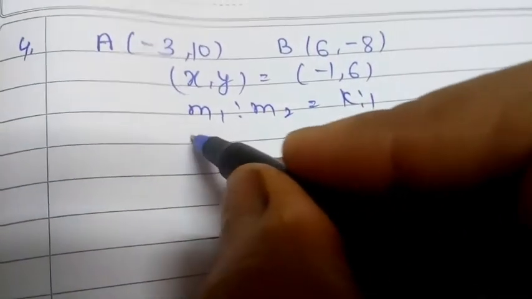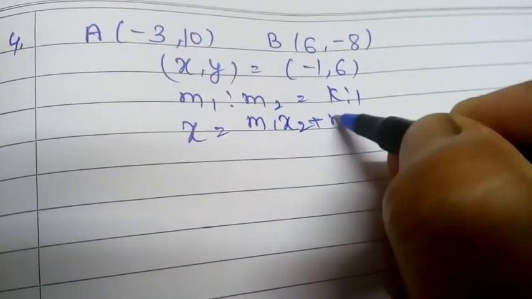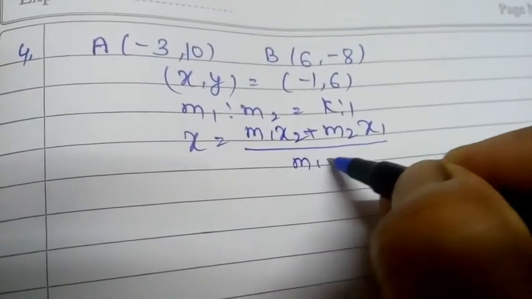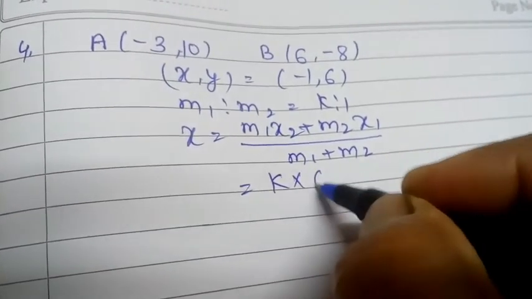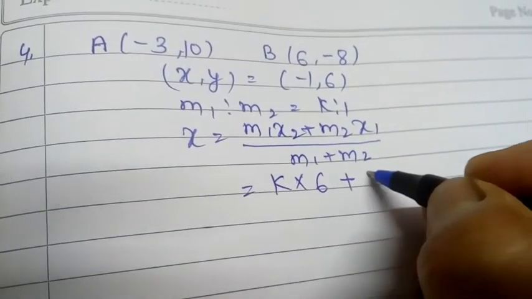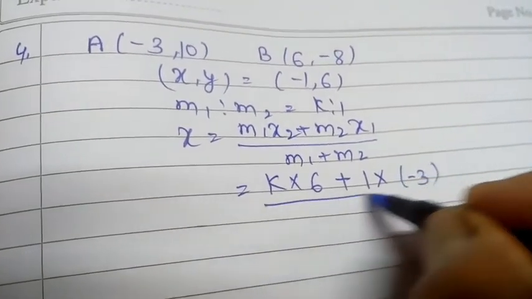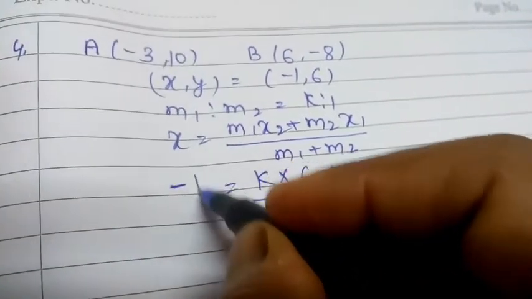First, x equals, using the formula, (m1 x2 plus m2 x1) upon (m1 plus m2). m1 is k, x2 is 6, and m2 is 1, so (6k minus 3) by (k plus 1), and x equals -1.